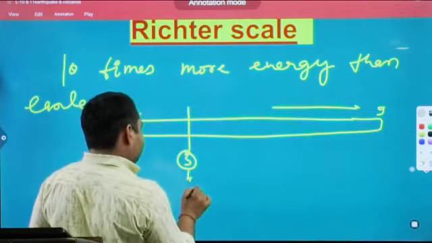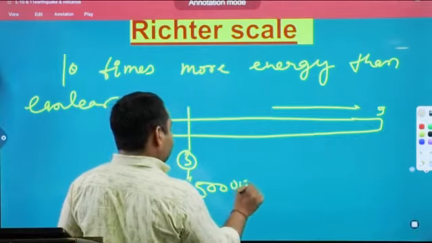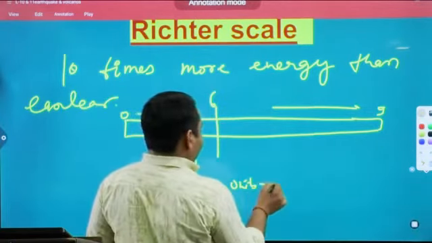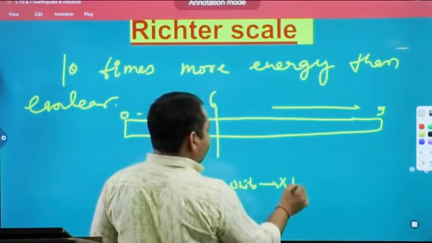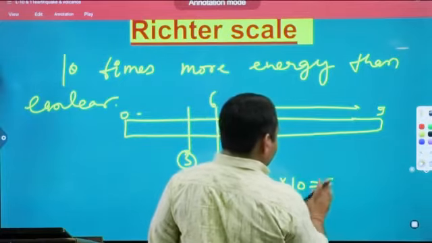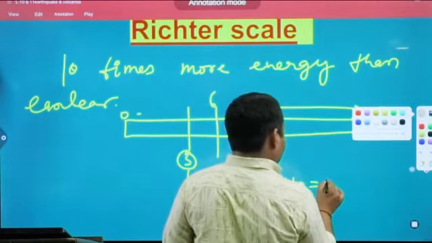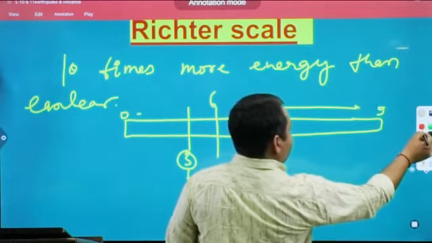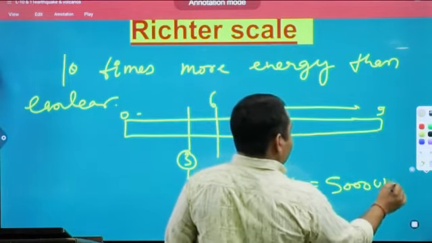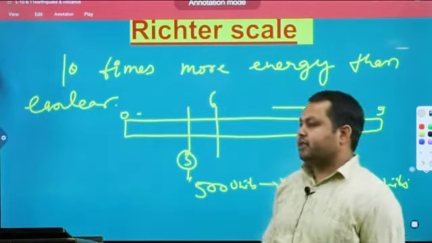Suppose this is 500 units, and at the next point there will be 500 multiplied by 10, so it becomes 5,000 units.